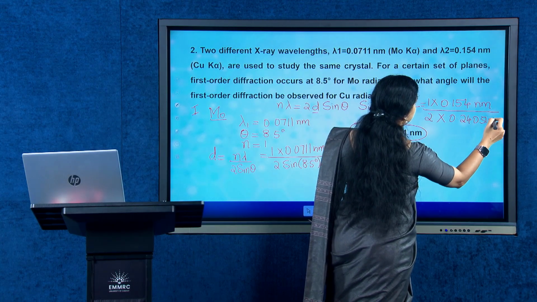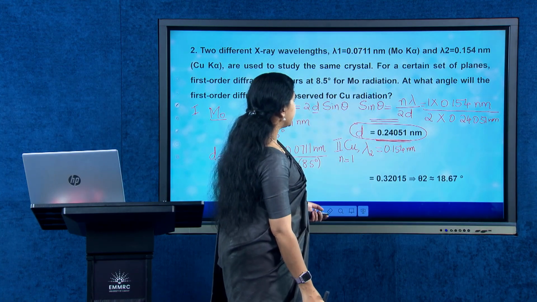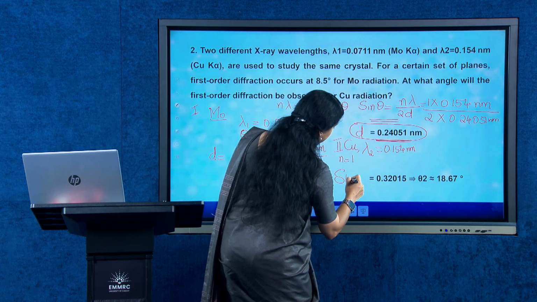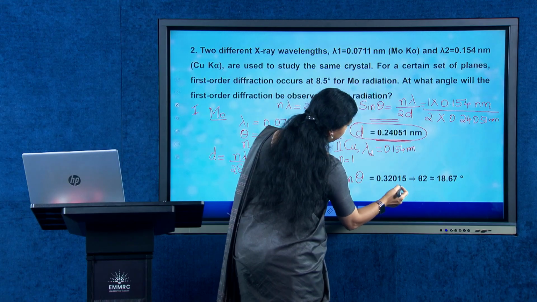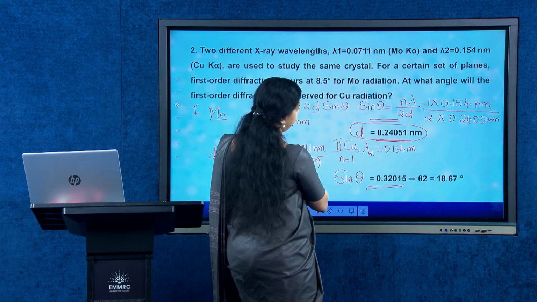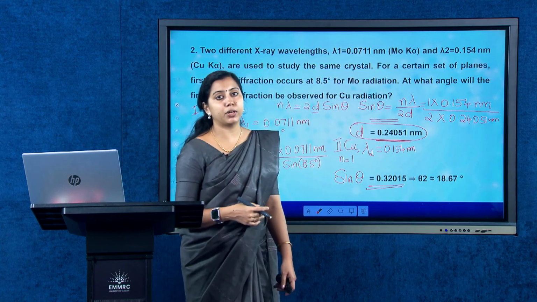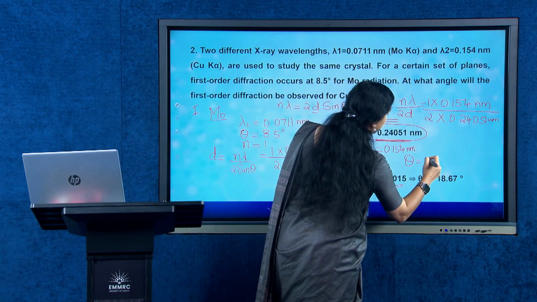So, when we substitute all these values, we will get the value of sin theta equal to 0.32015.